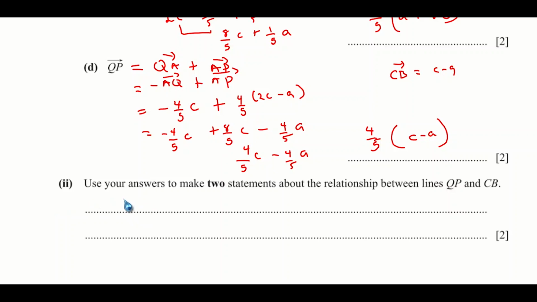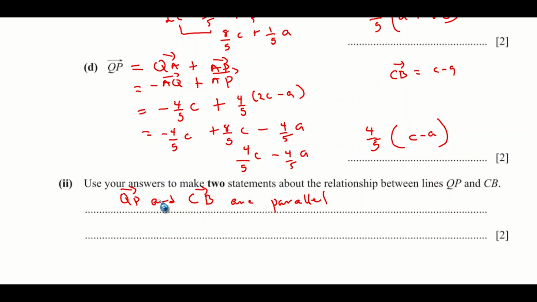So I can say that vector QP and CB are parallel because QP is a multiple of CB.